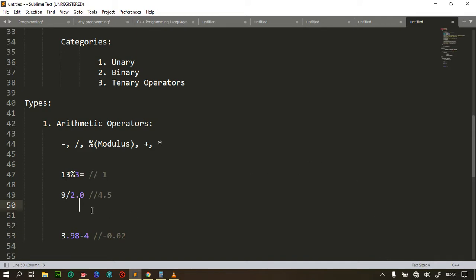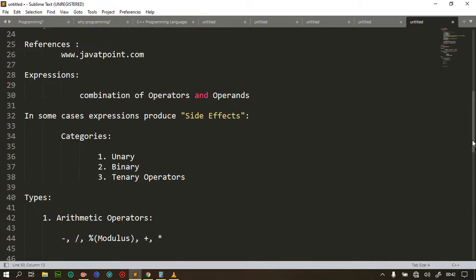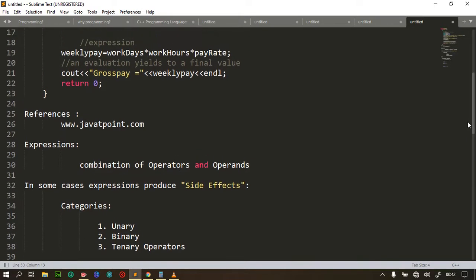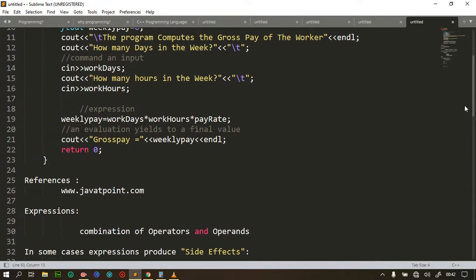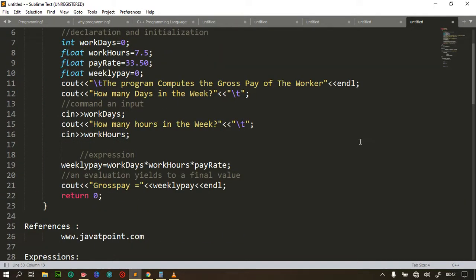Before I talk about the division, look at this. I said this was an expression, and an expression is a combination of operators and operands, which when evaluated we get a final value.